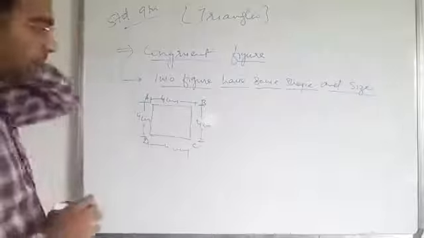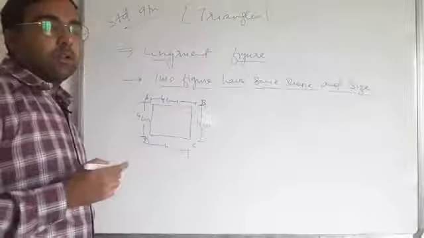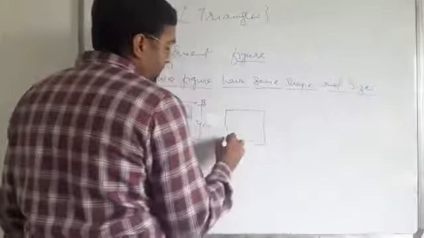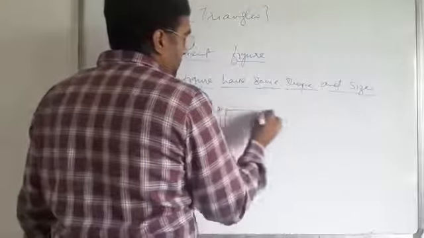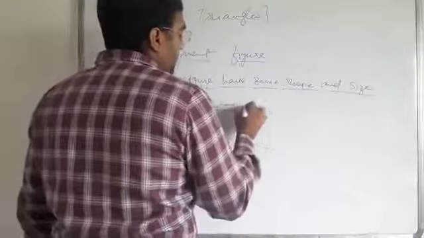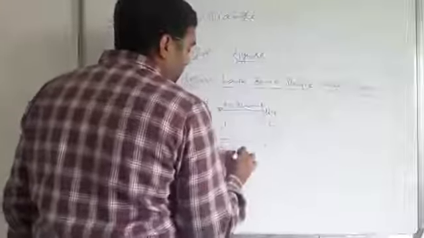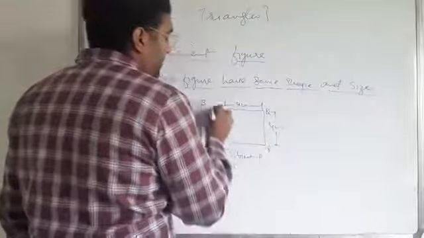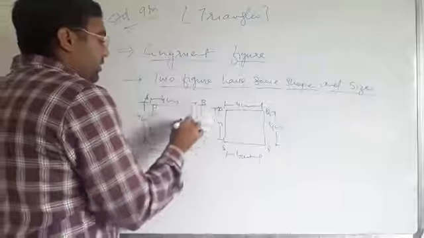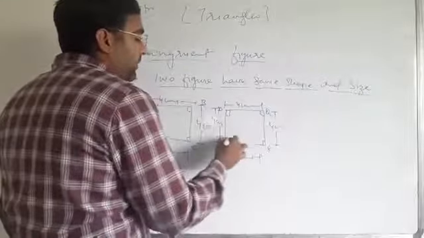Now we take another square named PQRS. Its sides are also 4 centimeters. In a square all angles are 90 degrees, that we know.